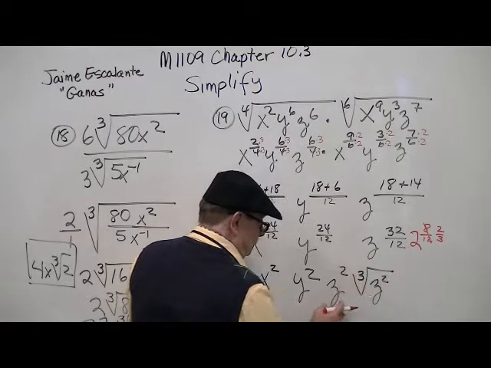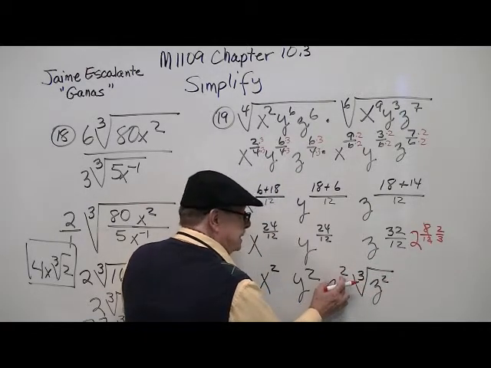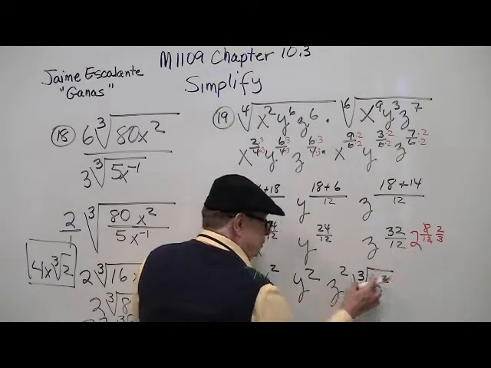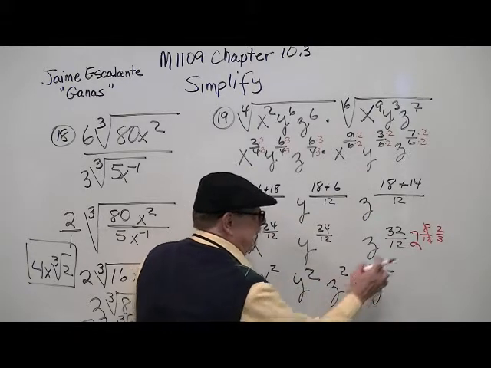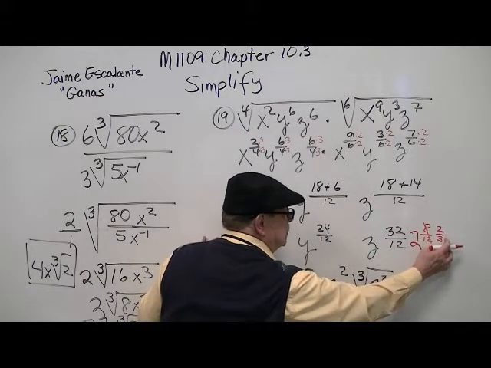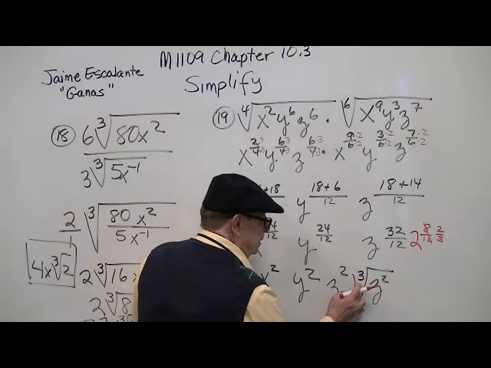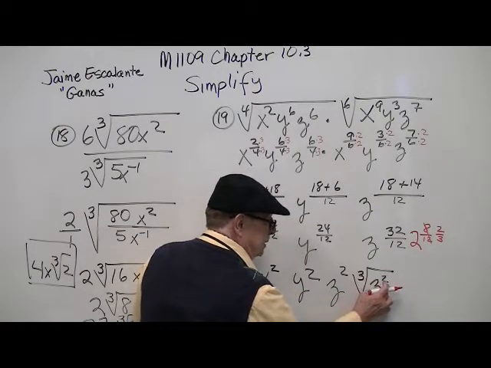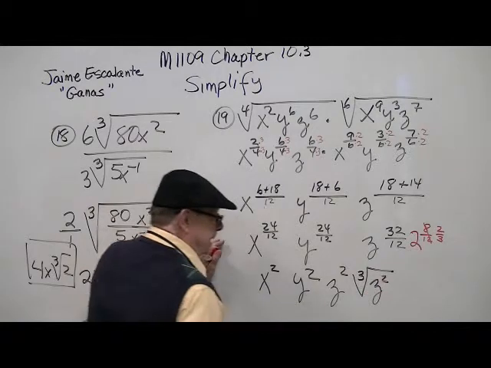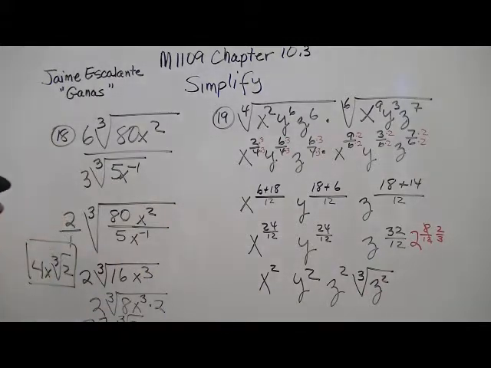So I took out z to the 2nd for that one whole 2 there. And then I converted 2 over 3 to the radical, the cube root of z to the 2nd. Wow. Lots of stuff there, and it took me a while to do it, but again, I don't want this tape to be too long. One more to go.